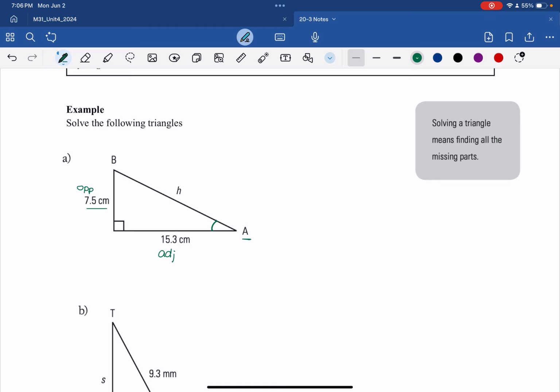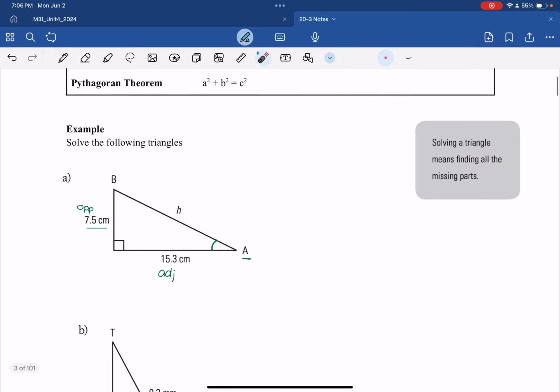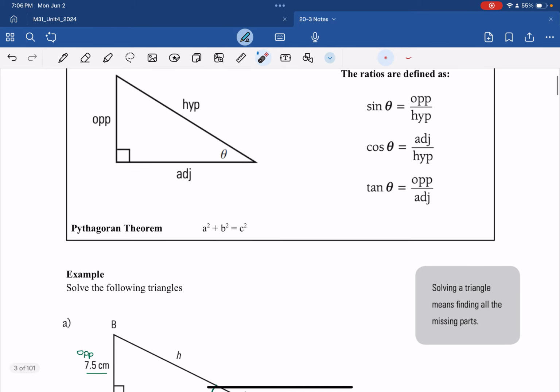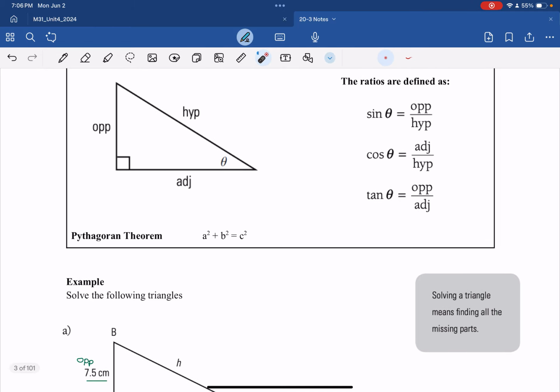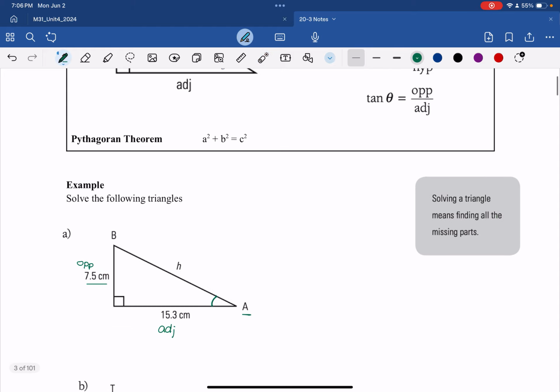Okay, so if I want to figure out the angle, I have opposite and adjacent, so I'm going to look at my three trig ratios. Opposite and adjacent means I'm going to look for tan. Okay, so tan of angle A is equal to opposite over adjacent.